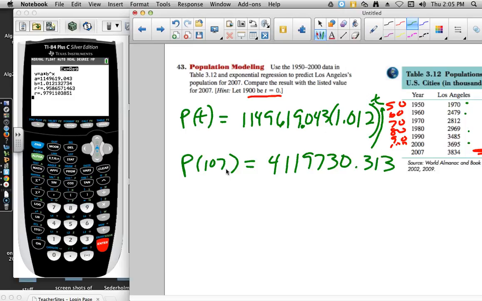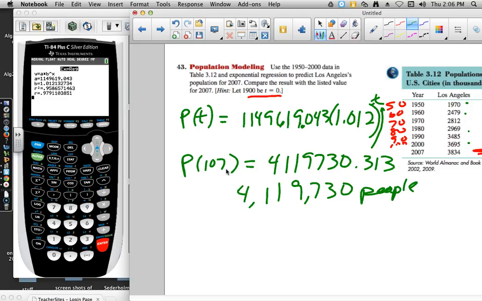Well, this is about people, so 4,119,730 people is what we would round to. Even if you didn't punch those zeros in, that's still what you're going to get. You're just going to have to add the three zeros at the end because the table said this was in thousands.